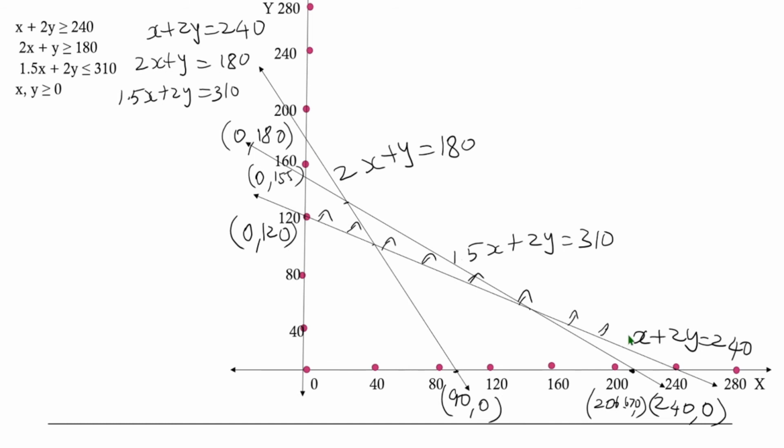The second constraint, 2x plus y greater than or equal to 180, is this part. The next constraint, 1.5x plus 2y less than or equal to 310, is this part.